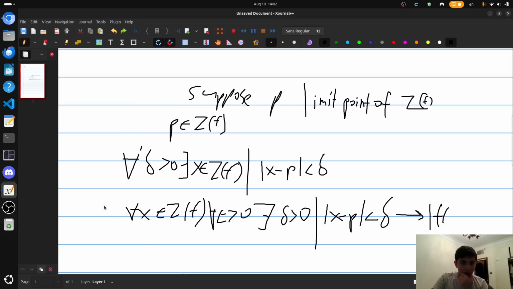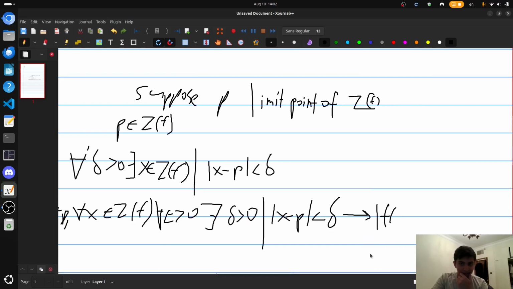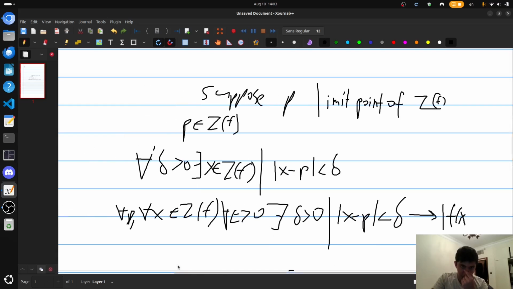And for all x in z of f, we have the following. We know f of x. Hold up. Let's remove this part to make the proof neater.